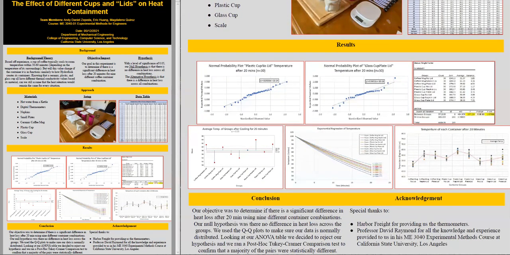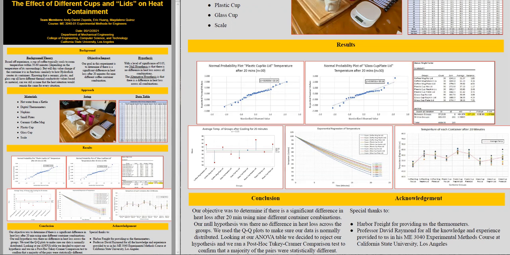So the first step for our experiment was to make a QQ plot for every single combination. We did this to determine if our data was actually normally distributed. The QQ plot on the left, with the combination plastic cup, no lid, you could see that the data is normally distributed.